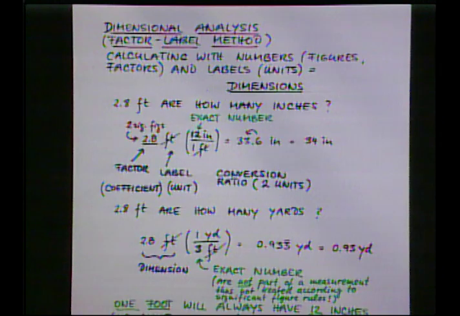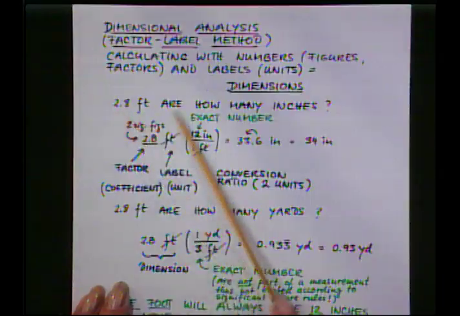Calculating with numbers and units is a little different from calculating just with plain old numbers like you would do in math. Here we have a lot of conversions of units. We have to deal with ratios and measurements, etc. So remember, a dimension is, again, factor, label, as some say, or number and unit.